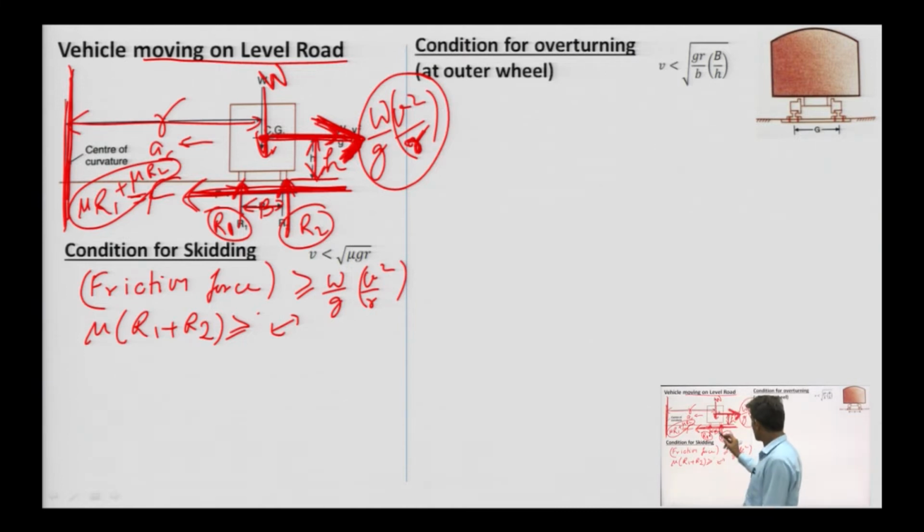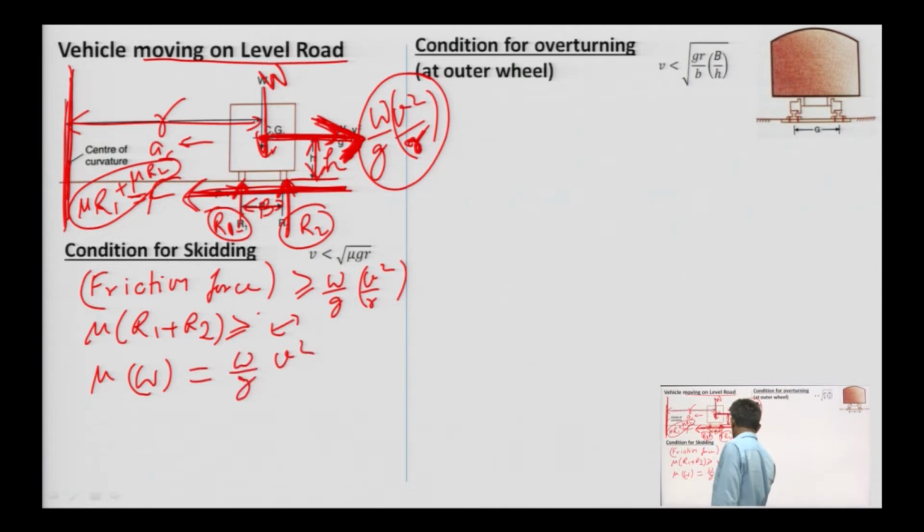If we consider sigma Fy equal to 0, then R1 plus R2 is W. So mu into W is equal to W upon g into V square by R. W and W cancel out.